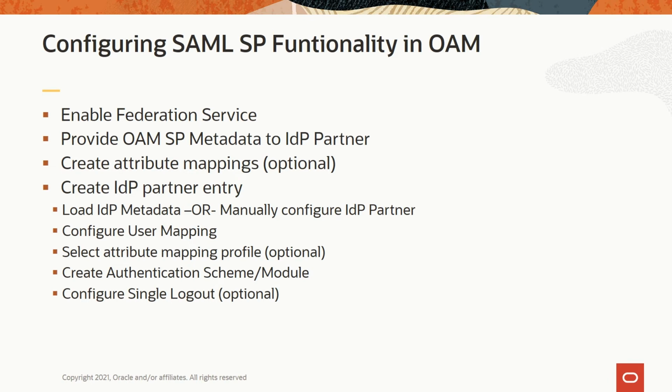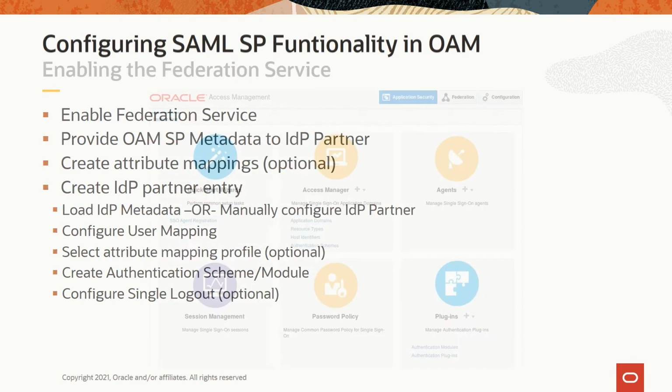Those are: enable the service, provide the OAM SP metadata to the IDP partner, create attribute mappings, which is optional, and create an IDP partner, which consists of several sub-steps: loading the IDP metadata or manually configuring the IDP partner, configuring user mapping, selecting an attribute mapping profile, which is optional, creating the authentication scheme and module, which is also technically optional, and configuring single logout, which is optional.